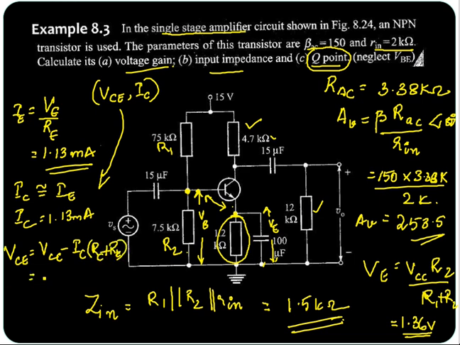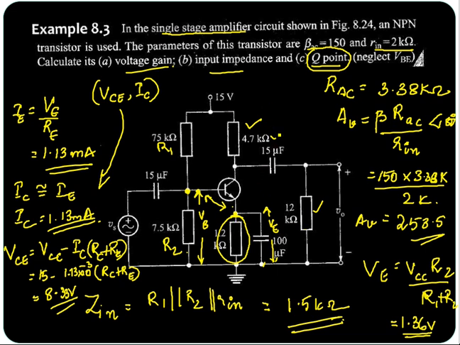This is equal to 15 minus, what is IC? 1.13 milliampere into RC plus RE. You know the values of RC. RC is 4.7 kilo ohm and RE is 1.2 kilo ohm. And finally you will get VCE as 8.33 volt. So this is the DC operating point or Q point of this particular circuit.